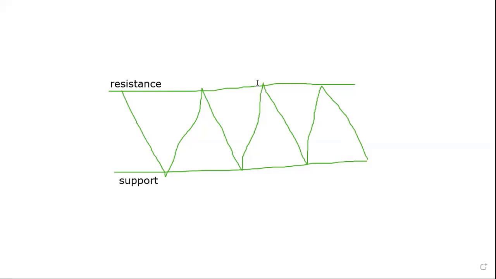Price gets back up here to the resistance zone and still bounces off and comes down. So you realize in this case, the market is moving sideways and is just bouncing between two zones, between a high price and a low price.